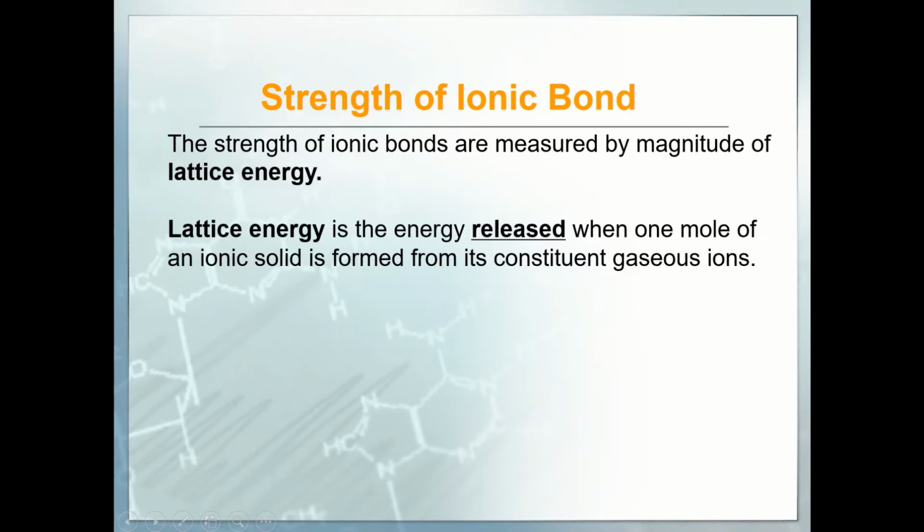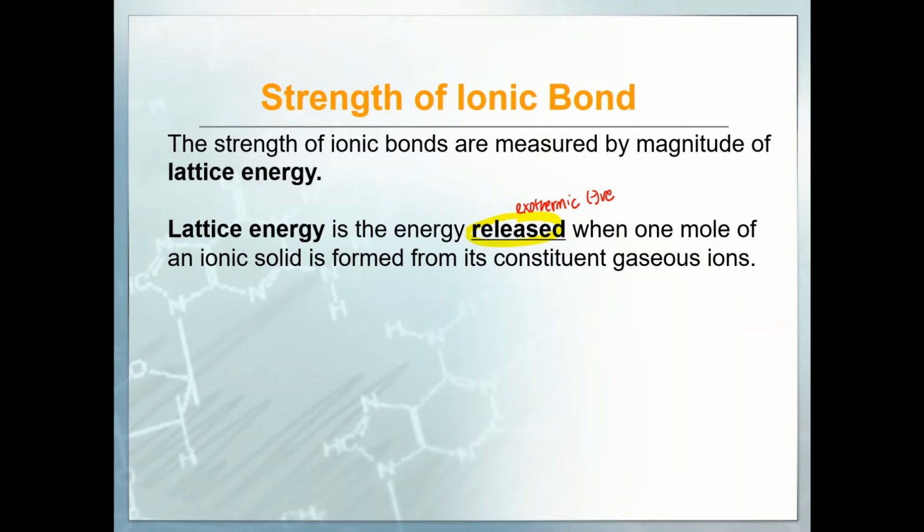Lattice energy is the energy released when 1 mole of ionic solid is formed from its gaseous ions. Since it is energy released, lattice energy is always exothermic, therefore it's always negative.